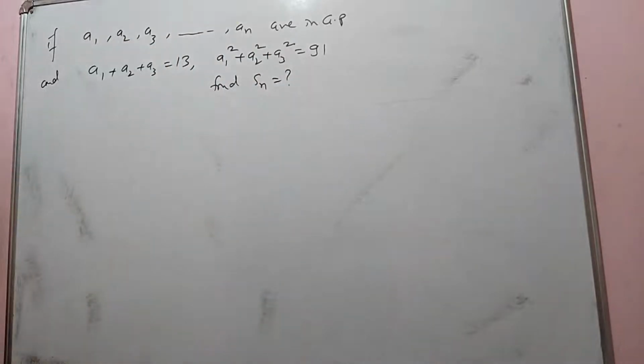What is SN? So what it is simply saying is there is a GP, the sum of the three terms of the GP is 13, the sum of the squares of the terms is 91, and it is asking to find SN.